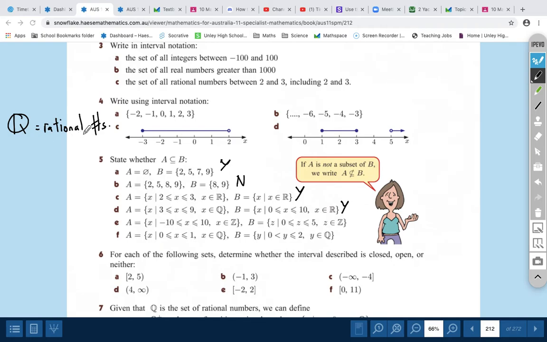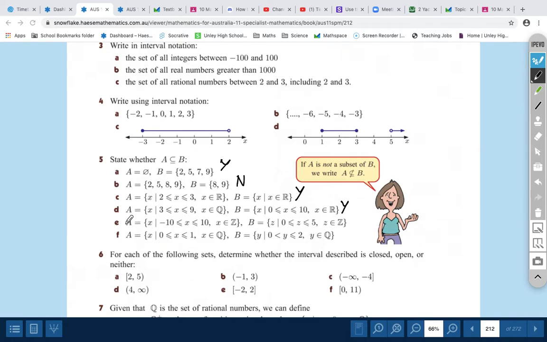Numbers that you can write as a fraction or as a ratio. Okay. Real numbers includes rational numbers. And the range they had here from 0 to 10 was bigger than the 3 to the 9. Perhaps I should be using the word domain there if we think of graphing.